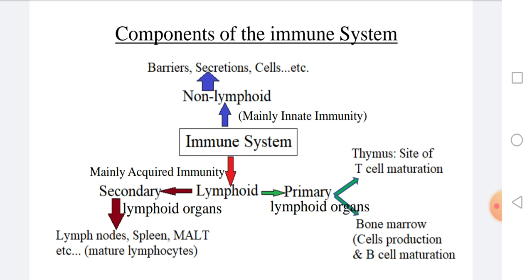So look at the red arrow below and the green arrow to the right and the brown arrow to the left. The primary lymphoid organs, here we are going to find the lymphocytes in an immature state, immature lymphocytes. There are two organs in the primary lymphoid system.